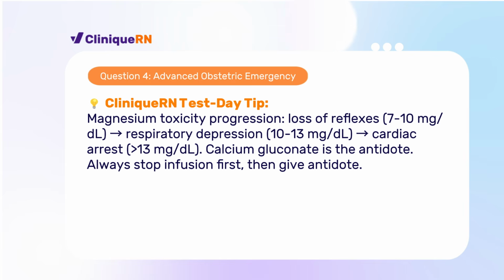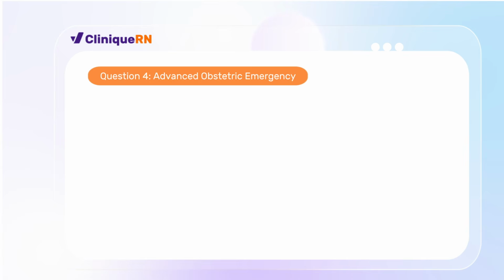Loss of reflexes, 7 to 10 milligrams per deciliter. Then respiratory depression, 10 to 13 milligrams per deciliter, and finally, cardiac arrest, greater than 13 milligrams per deciliter. Calcium gluconate is the antidote. Always stop the infusion first, then give the antidote.